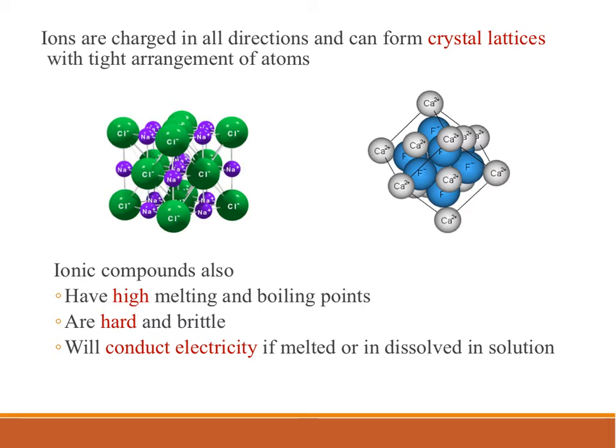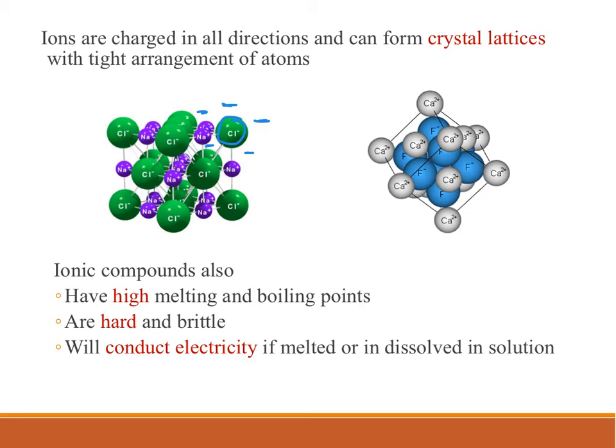Because the ions have this charge in all directions, our little chloride ion here in the corner of this diagram is giving off negative charge to the right and the left and the top and the bottom. It's negative everywhere. And so ionic compounds are not just a singular molecule consisting of only 1 atom of each charged particle, in the case here of sodium chloride.